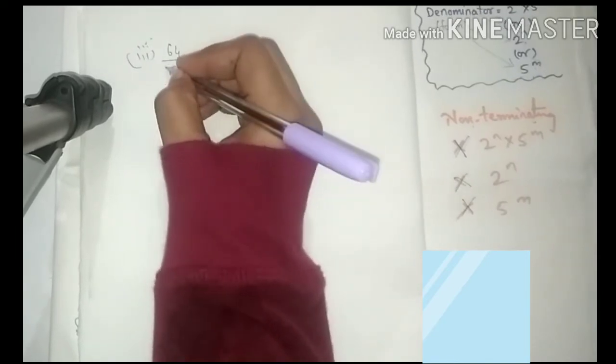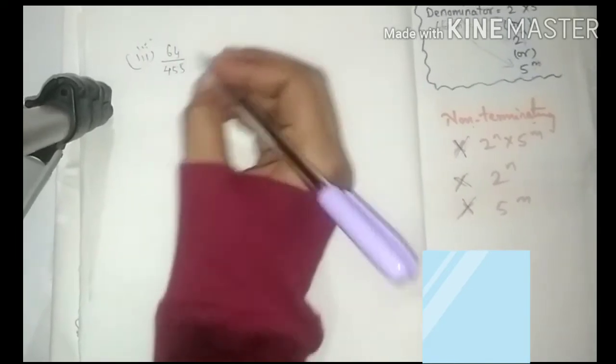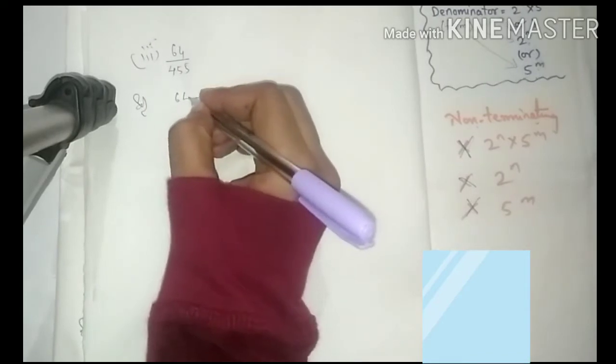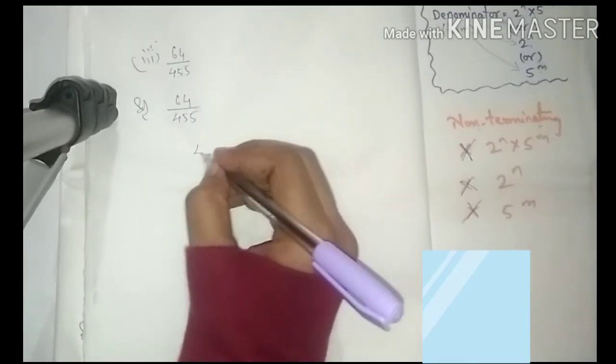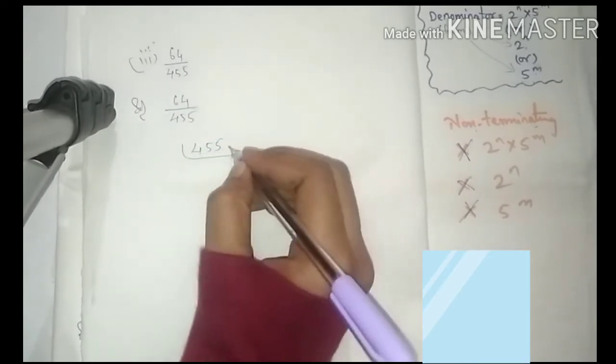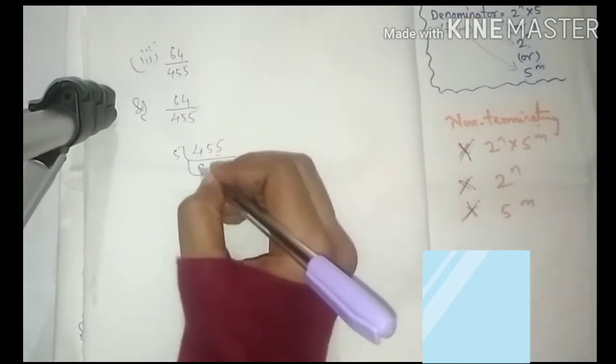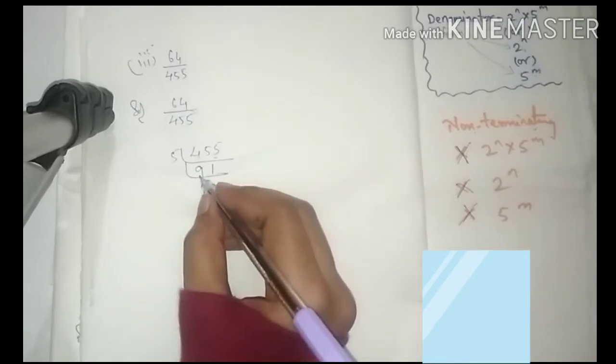Now the third one, 64 by 455. Here we have to find the factors of 455. So for 455 we will take the 5 table, 5 9s are 45, 5 and the 5.